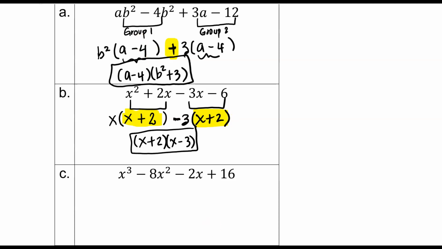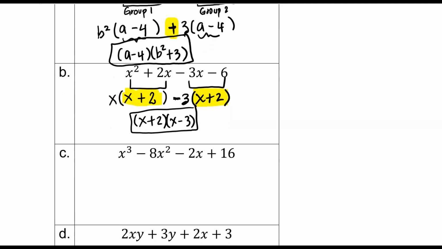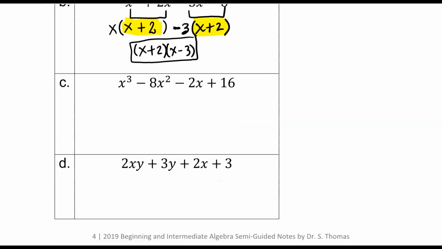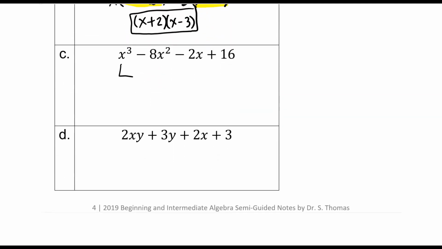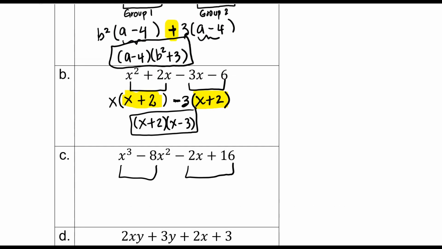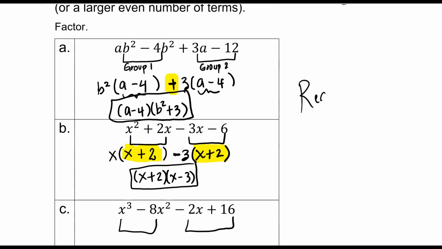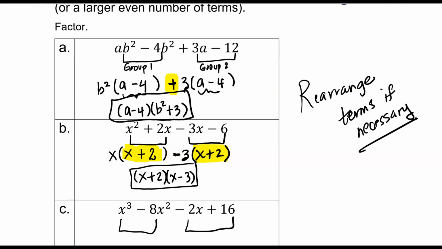Moving on to the next one, we have x cubed minus 8x squared minus 2x plus 16. And let me also say this, and I did not mention this, but you could always rearrange terms if necessary. Sometimes you may find that your first term, let's just say x cubed, has nothing in common and it was right next to 16.